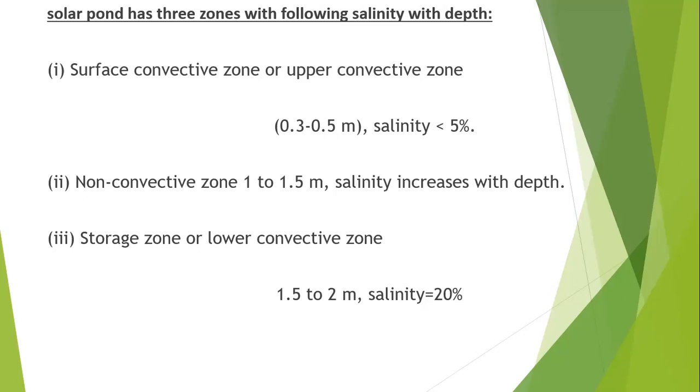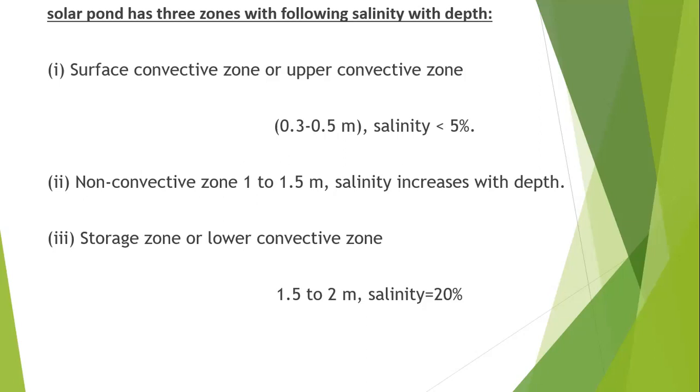In the upper convective zone we have fresh water. The depth of this zone is around 0.3 to 0.5 meters, and the salinity, the percentage of salt present, is less than 5%.